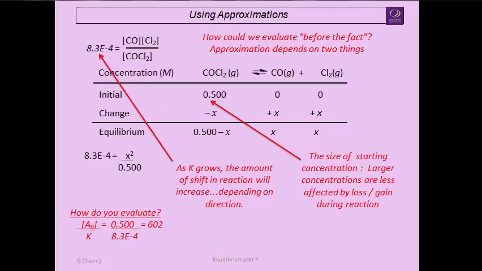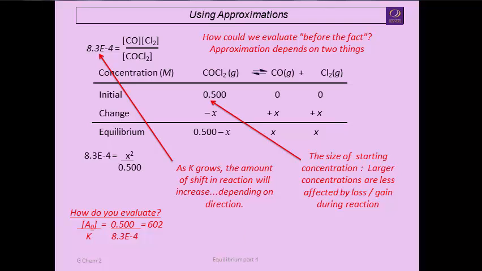So here's how it looks. If you take the A naught, or in other words the original starting concentration, and you divide it by K, then we've come to find that if the number you get is larger than 400, then that approximation should stay less than the 5% error mark.